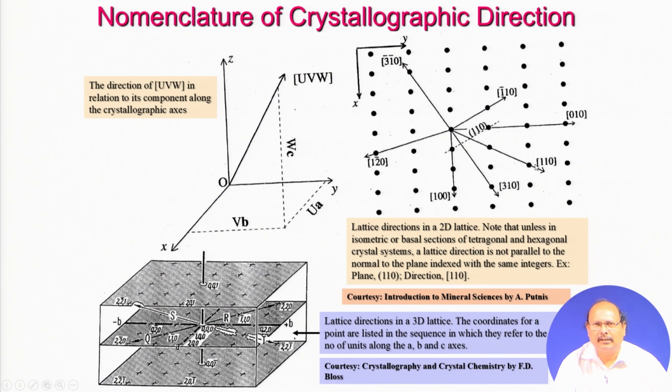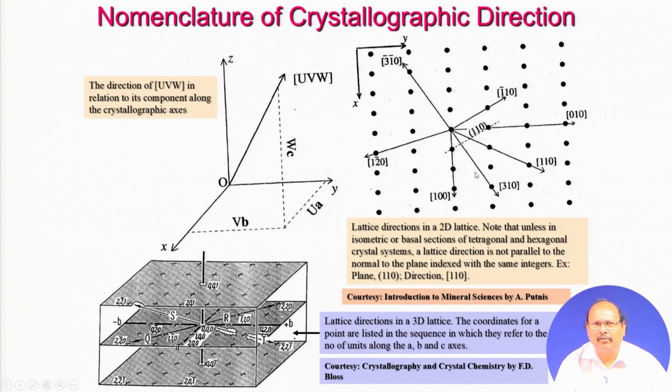Theoretically the symbol of this line could be 2 2 0 or 3 3 0, but we take the smallest integer values. So, this line will have the symbol 1 1 0 under the third bracket here. If we talk about a line that passes through this point here, what is the coordinate? This coordinate is essentially 1 unit distance along one axis, and this is 3 unit distances here. So, the coordinate of this point is 3 1.